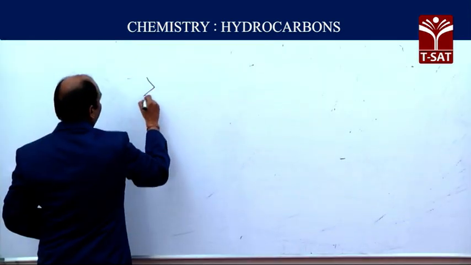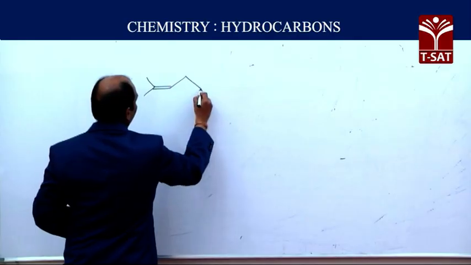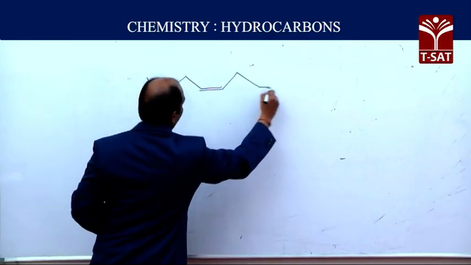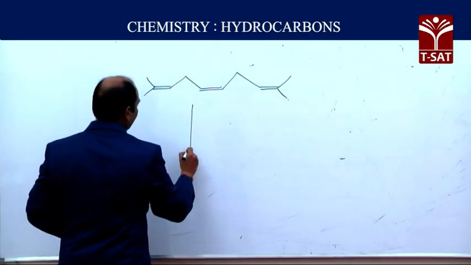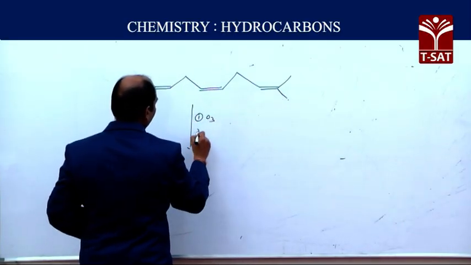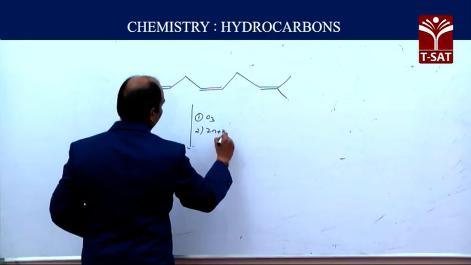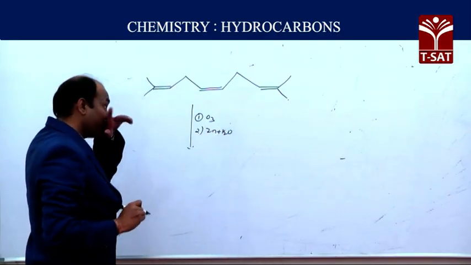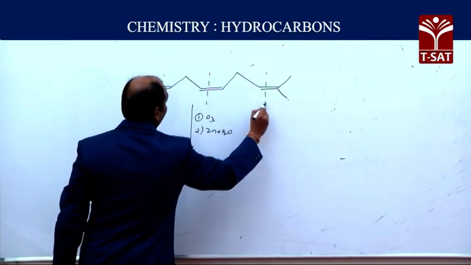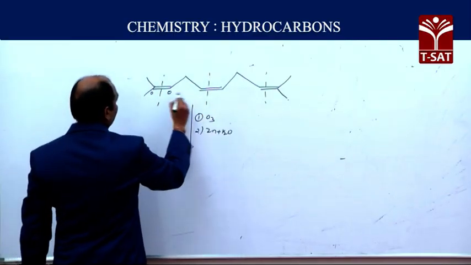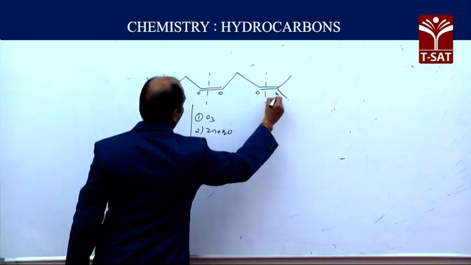Next, suppose this is the question. Here it is subjected to ozonolysis, zinc plus water. Then for the product formed in this reaction, just break the bond here, here also, and here also. Oxygen, oxygen, oxygen, oxygen, oxygen, oxygen.